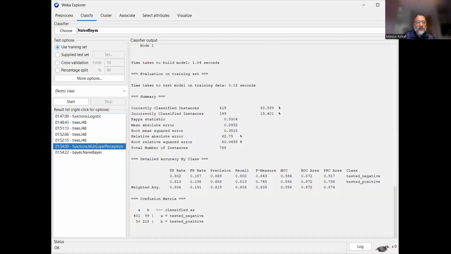And this is the multi-layer perceptron neural network. You take the screenshot of this and highlight 80%. And you take the screenshot of naive Bayes and highlight 76%. So you can conclude that J48 is the best model for the classification problem in this particular diabetes problem, right? And that is what you have to show in your report, right?